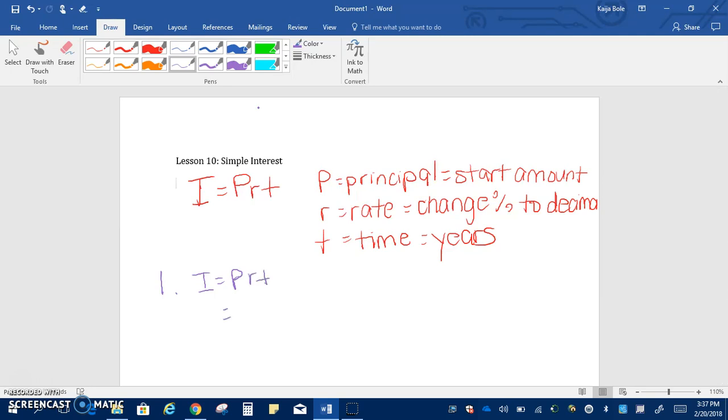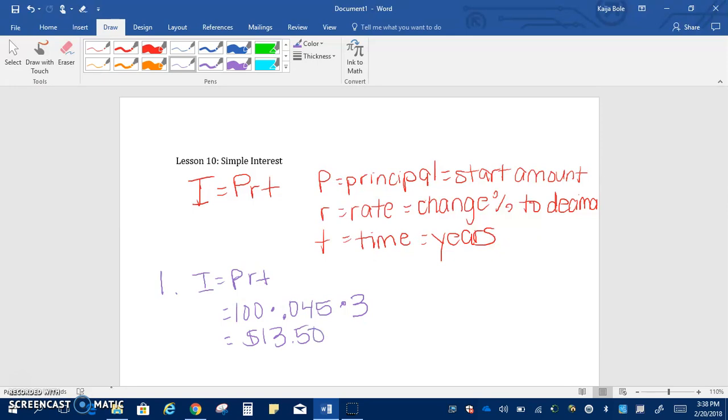So our principal, our starting amount, is $100, times our rate, we need to change to a decimal, which would be 0.045. Times our time, it says first after 3 years, and of course we're going to be using a calculator here, and when you multiply all of that together, you get $13.50.